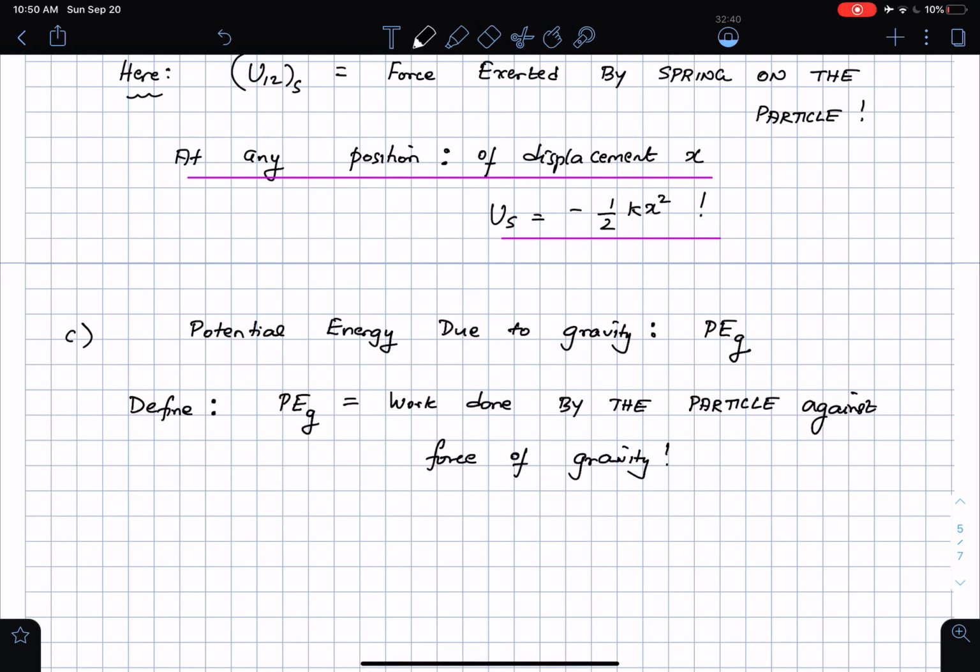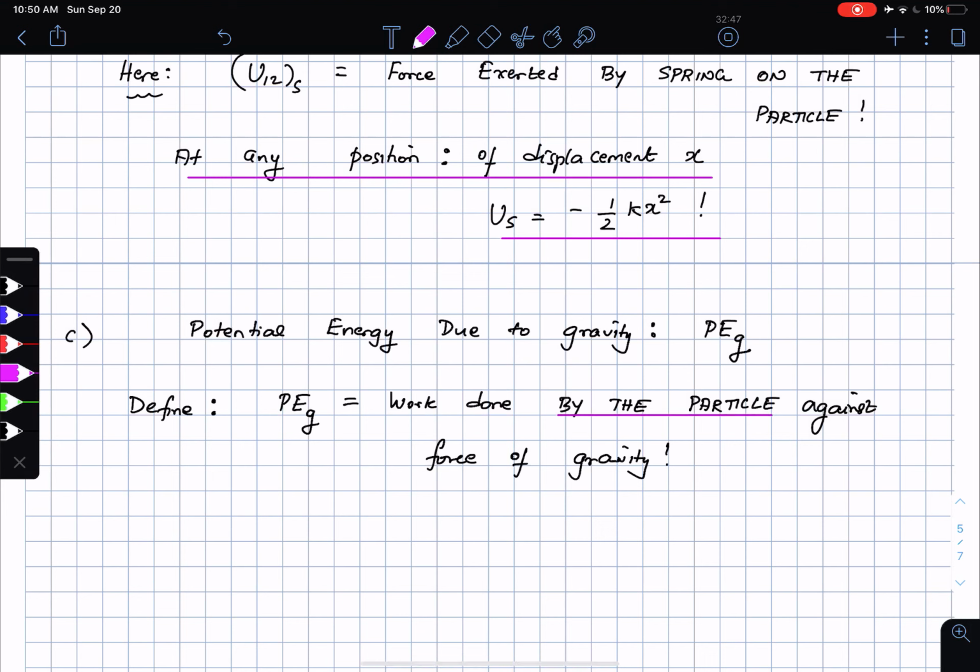Okay, this is something that you got to keep in mind. This is the work done by the particle against the force of gravity. I guess that did not come out to be a straight line. This is sometimes pretty miserable when you don't get it to be straight.